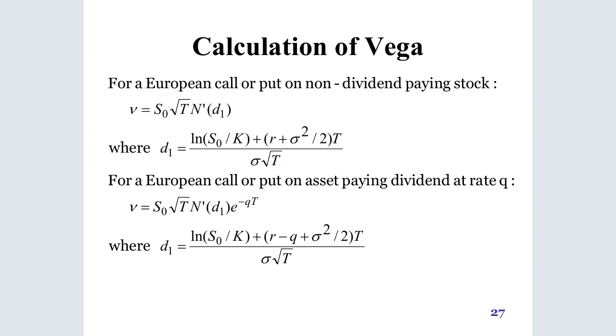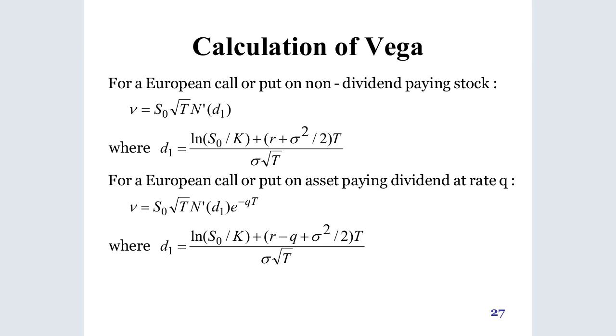Interestingly, whether it is a call or a put, the Vega is the same. This can be shown from the put call parity equation. Take the put call parity equation and differentiate both sides with respect to sigma.